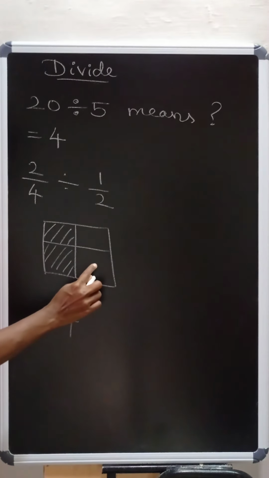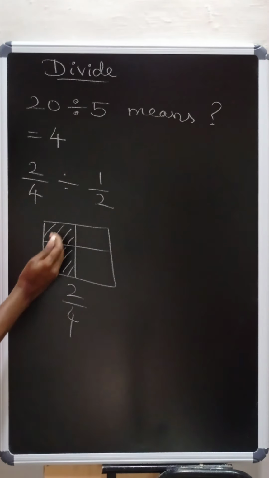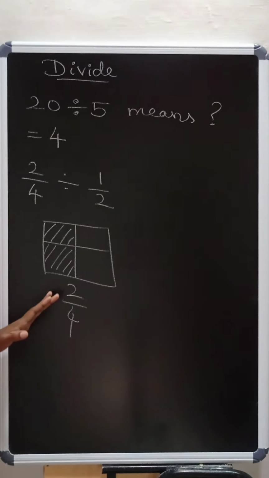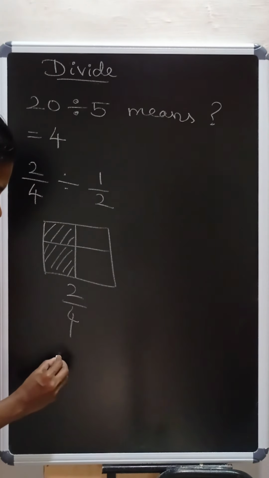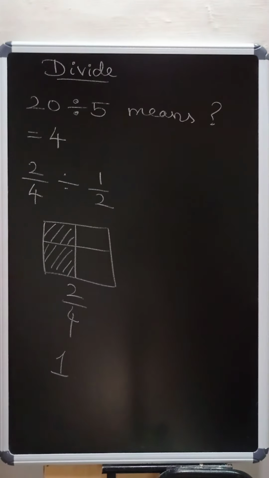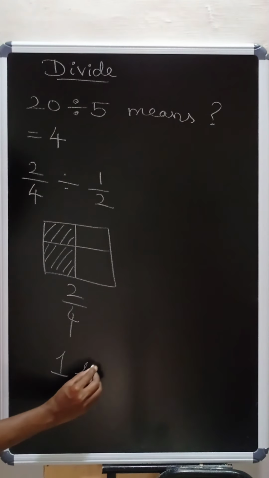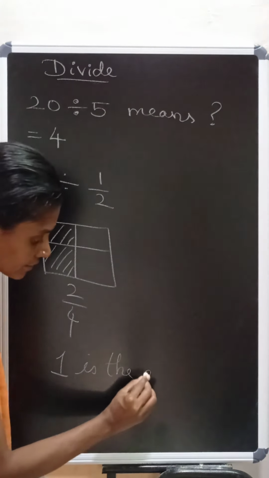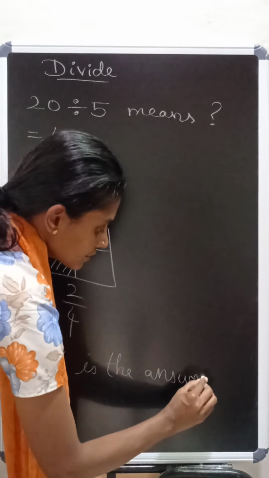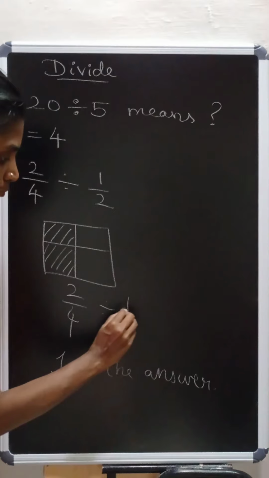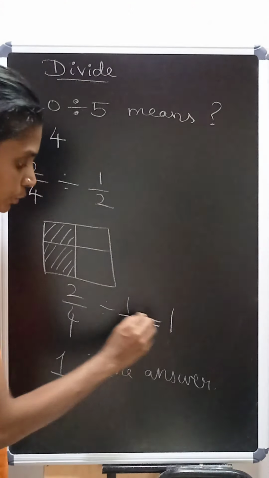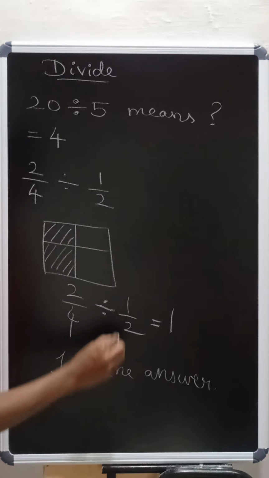This is 1 half and this is 1 half. So 1 half is shaded. So how many halves are there in 2 by 4? 1. So 1 is the answer. 2 by 4 divided by half is equal to 1.